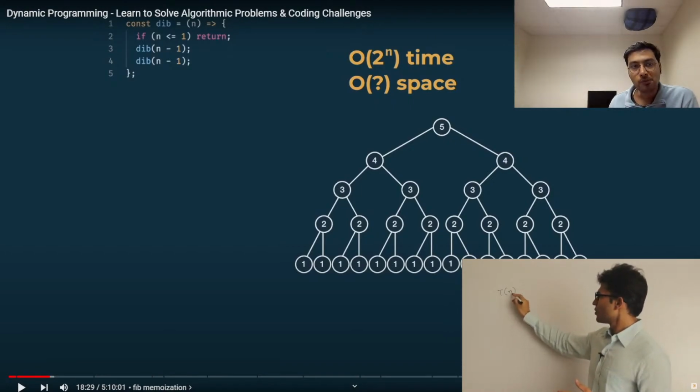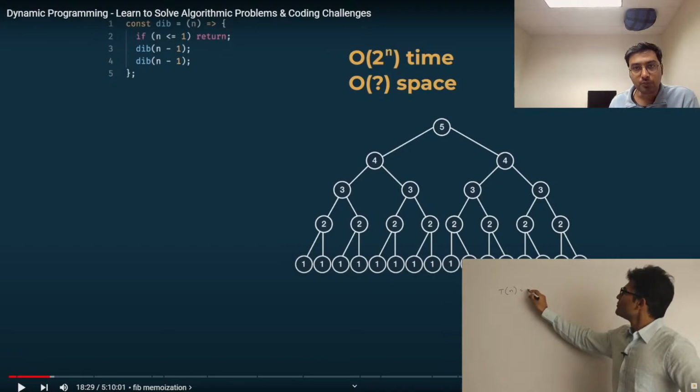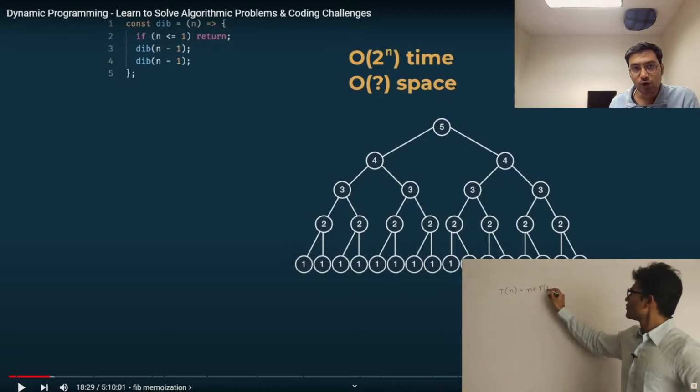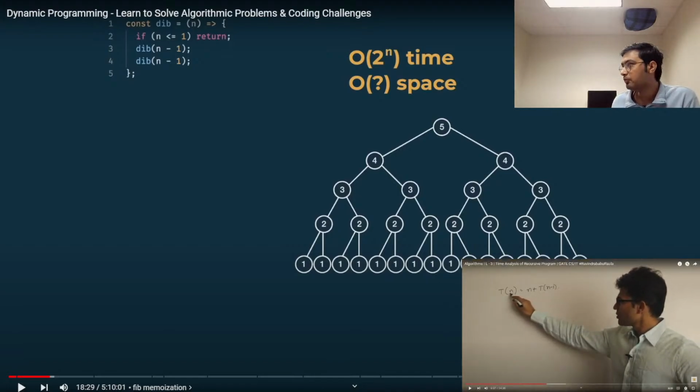The time taken to solve a problem of n instances is n plus t of n minus 1, which means the time taken to solve a problem... n square.